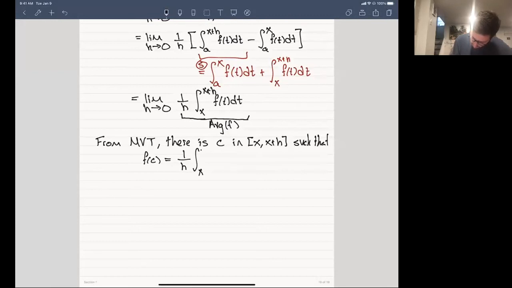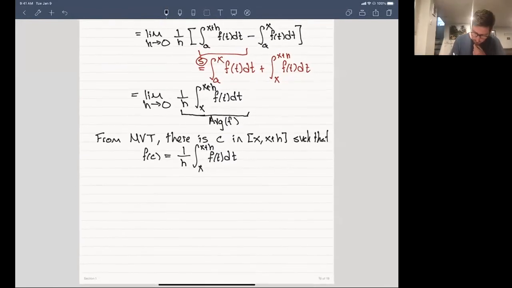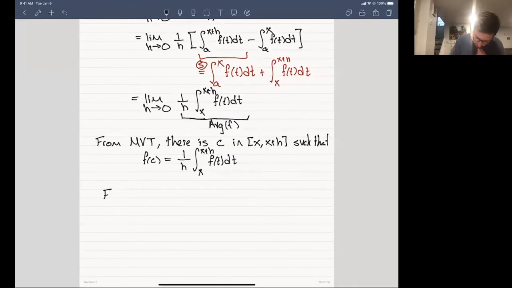Remember, we assumed that the function is continuous, so we can do this. So that tells me that the derivative, f prime of x, is equal to the limit as h goes to 0 of f of c. Great, right? I got rid of the 1 over h.